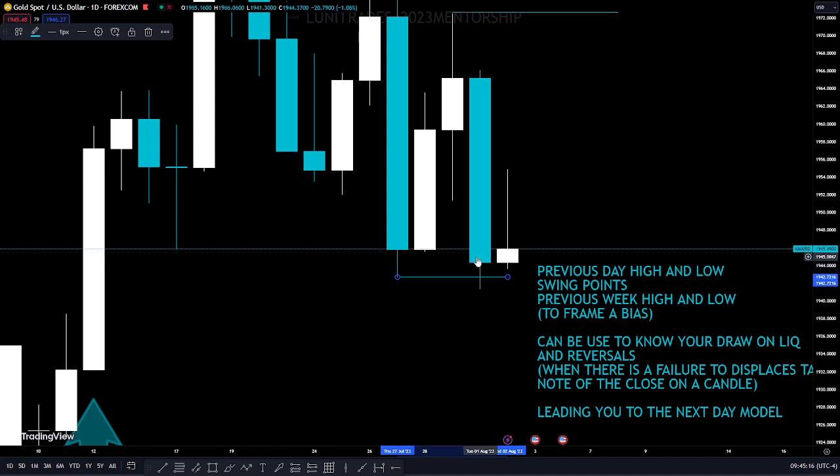Above that line. You see? It still closed above that line. So this candle here should be bearish, using your swing point, not the previous day high and low. Now using your swing point, the next day candle should be bullish because price fails to close below that swing point.